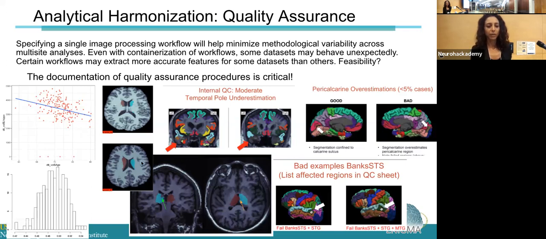So we have on our ENIGMA website some tools to help you with visually scrolling through a lot of the data sets. We have guidelines.